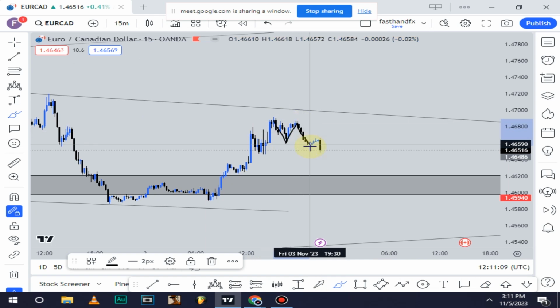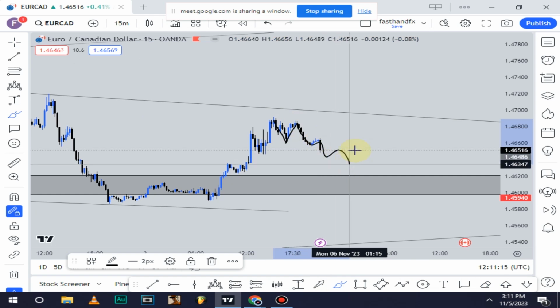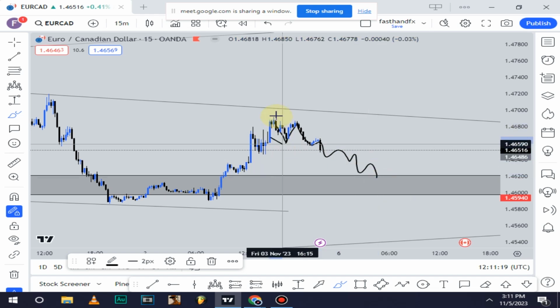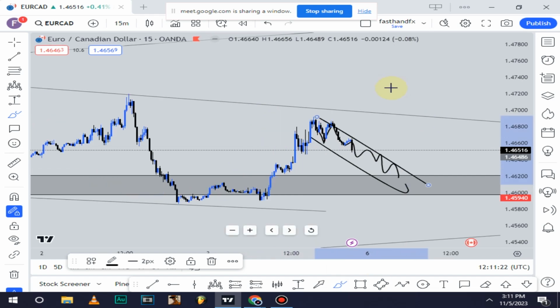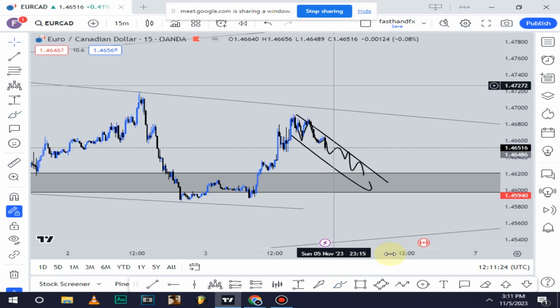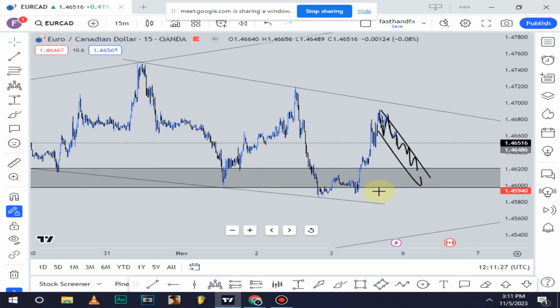You can see this tiny mini correction right there, impulse, correction. So I'm expecting that pattern to continue, but then I just have to identify that this is some sort of a bullish pattern. If it continues giving us trends and respecting those lines, then I'll take advantage of that.